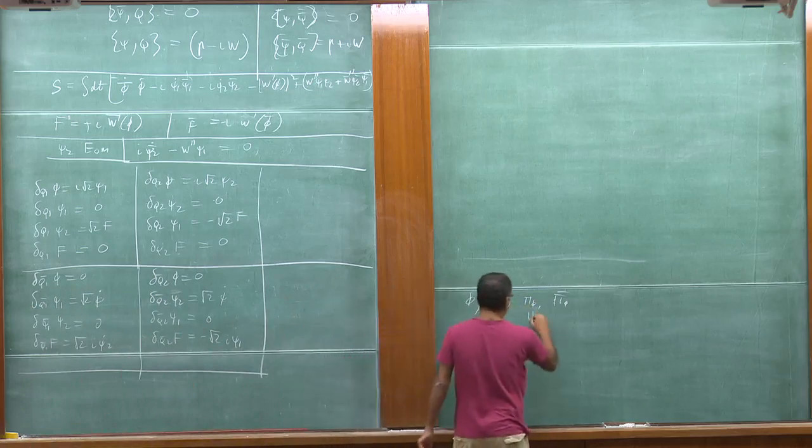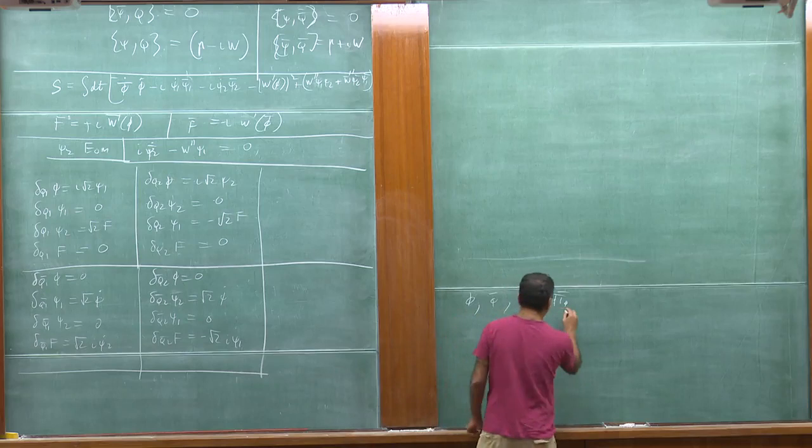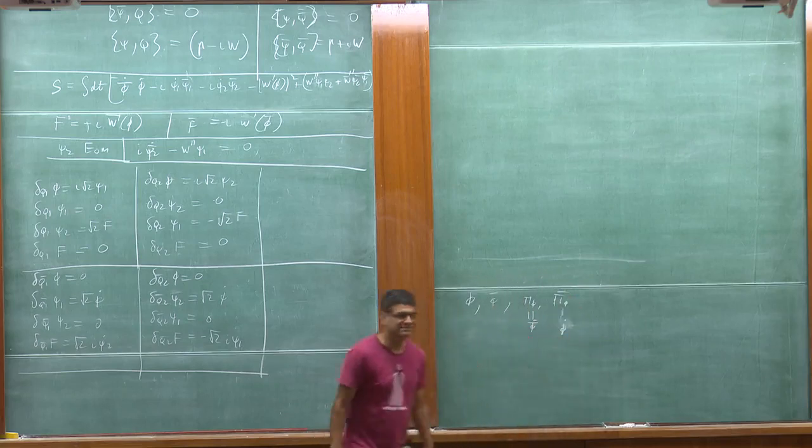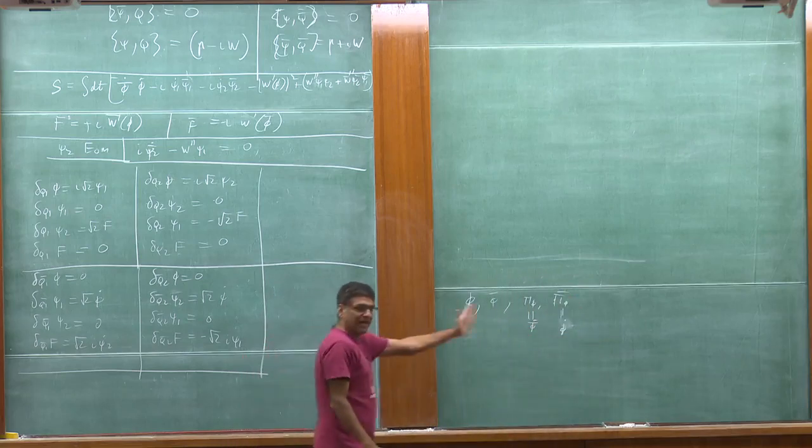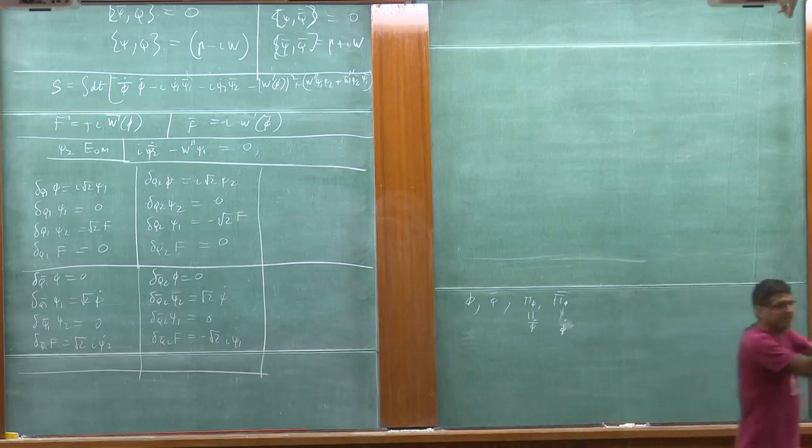Right, so this pi phi is the same thing as phi bar dot, and this pi phi bar is the same thing as phi dot. Okay, as far as bosonic variables go, all our operators are functions of phi bar, pi phi bar. Okay, all good.